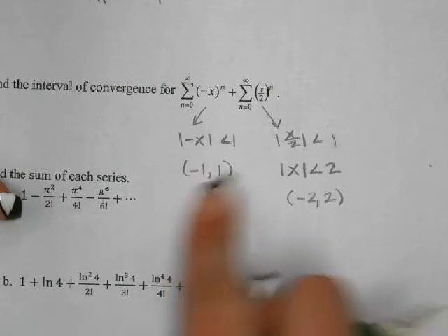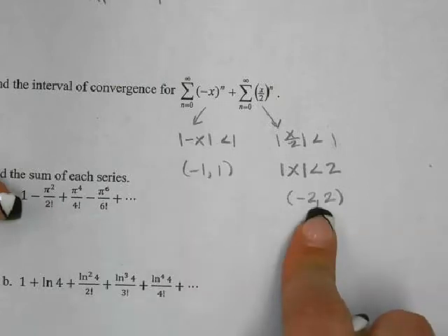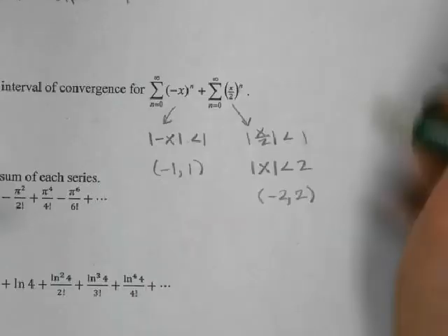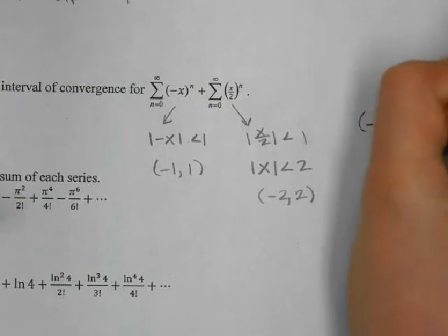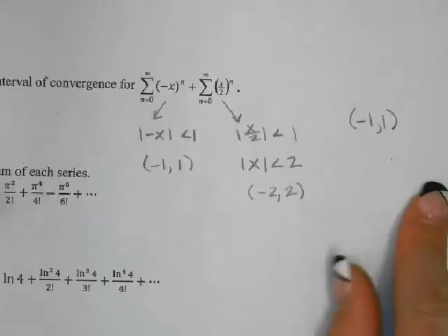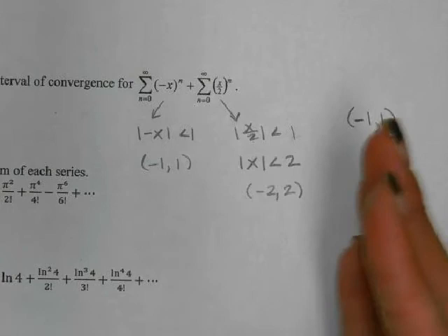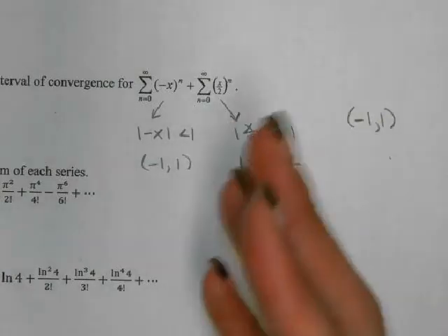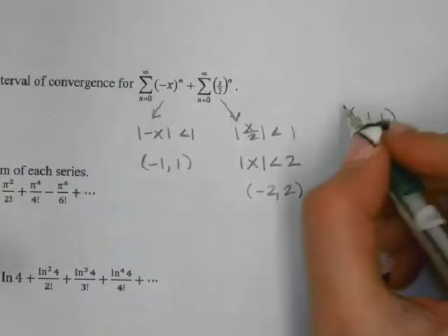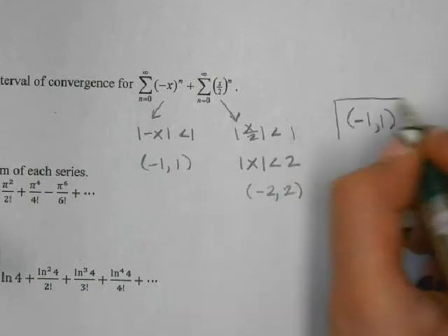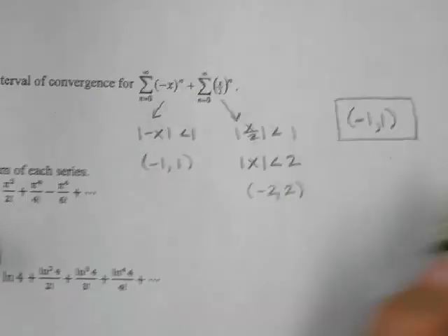Negative 1 to 1 is included here and it's included there. So I think of it as the interval of convergence is the more conservative interval of the two, or the one of the two that includes fewer numbers, or the inside of the two. However you want to think of it, that would be the interval of convergence for the combination.